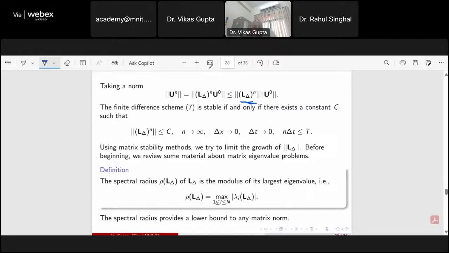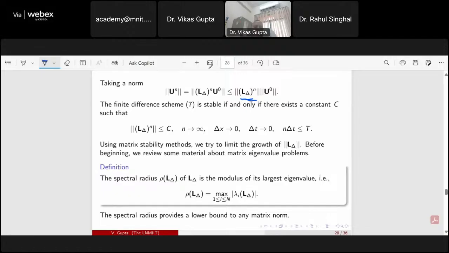And we define the two norm for a matrix A as the square root of the spectral radius of the matrix A transpose A.